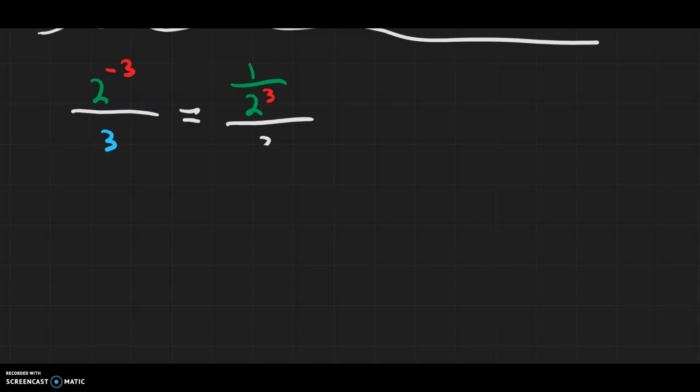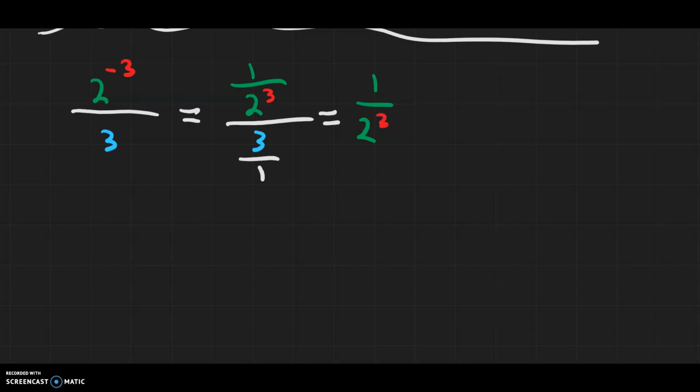So it's going to be 1 over 2 to the 3rd, divided by 3 over 1. That's 2 to the 3rd power.